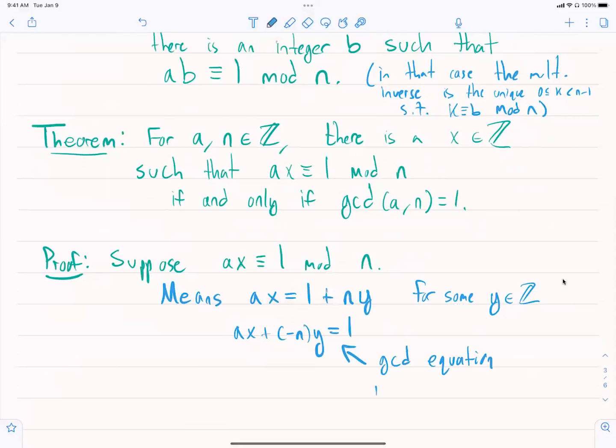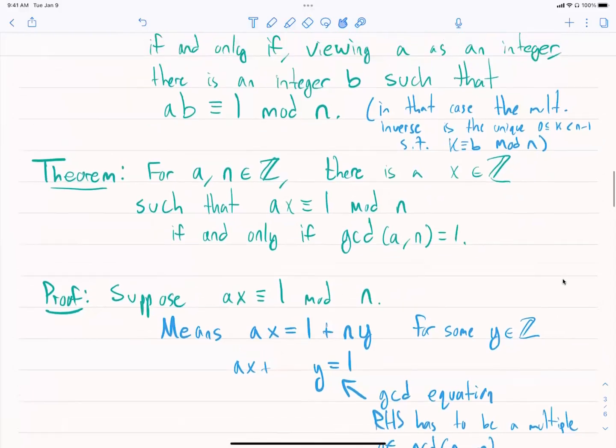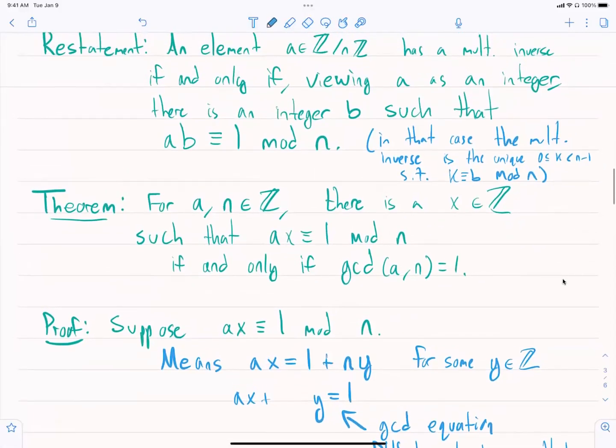So the right-hand side has to be a multiple of the GCD of A and N. I should have written this slightly differently, sorry. I should have written this as N times minus y.